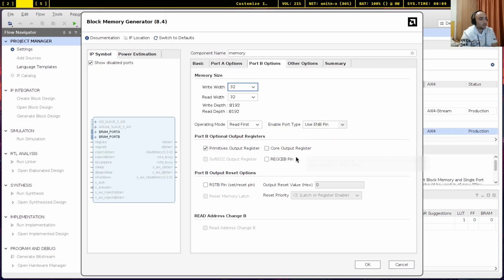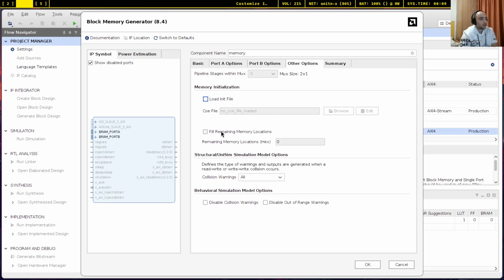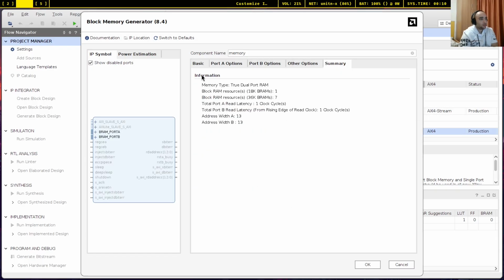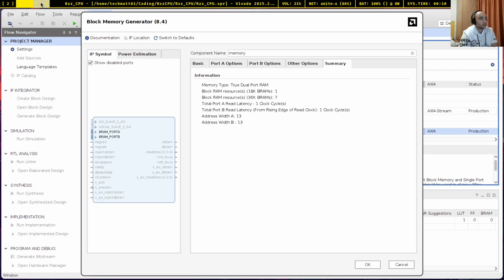No, we don't need that. That's it. I guess it's everything. Nice. I'm just using 8 block RAMs and I have 50.